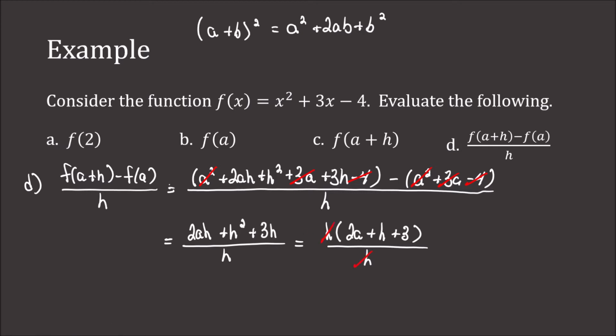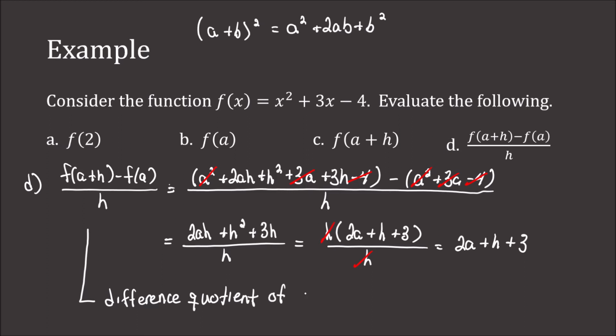And now those h's can drop out, and we're left with 2a plus h plus 3. By the way, this value is called the difference quotient of f at a.